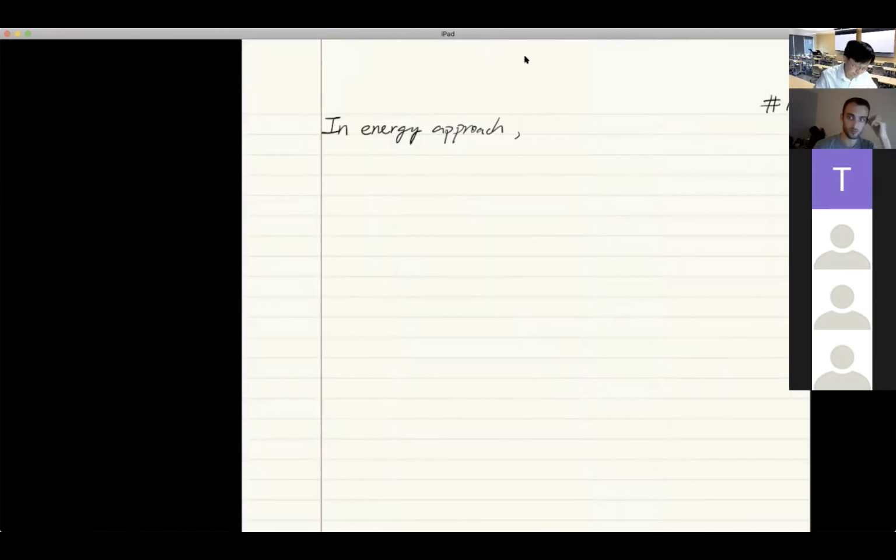In the energy approach, when we consider the change of strain energy, the unit change, we're going to use delta here, just to show that this is the unit change. Delta U means the slight increment of strain energy.